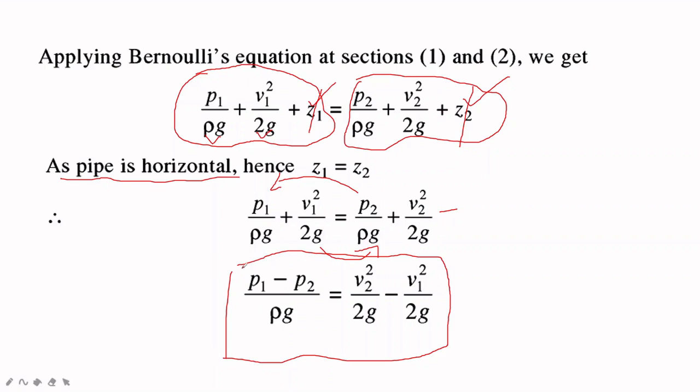But this is the difference in pressure heads. P1 minus P2 divided by rho g is the difference of pressure head at section 1 and 2.